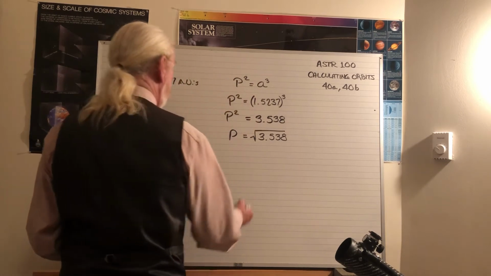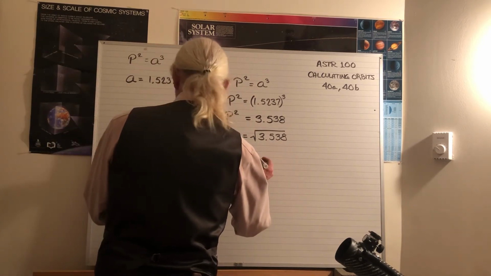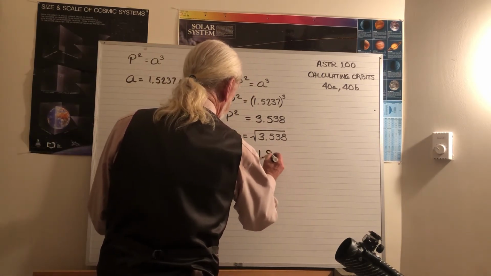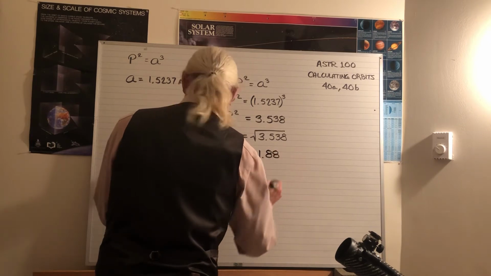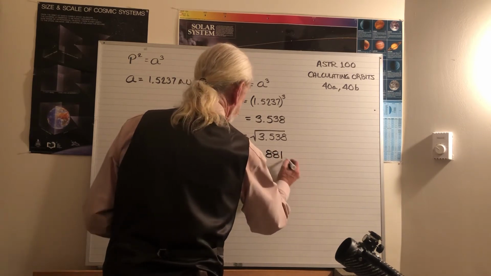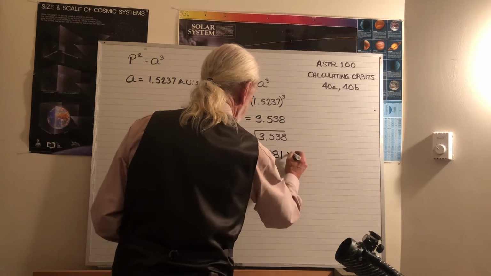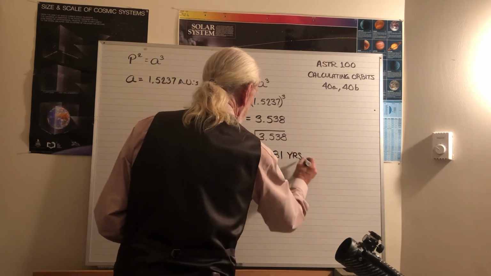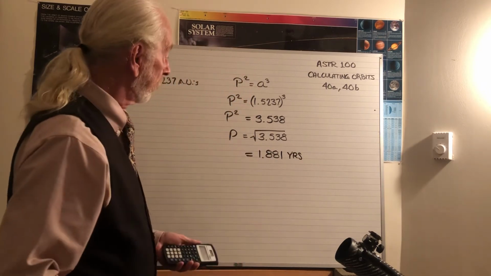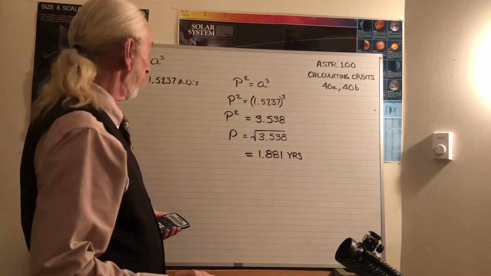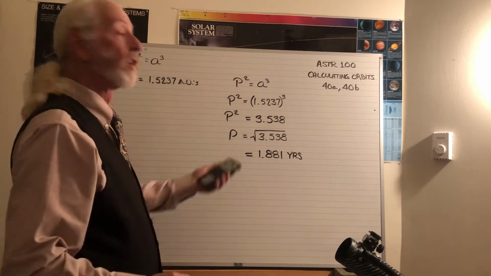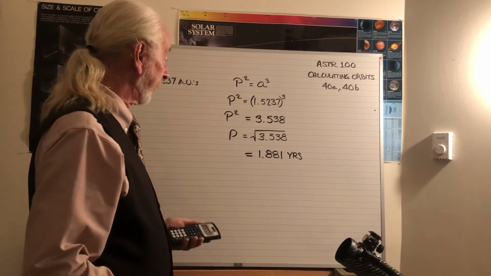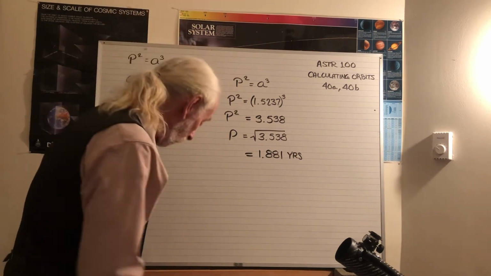And I get 1.881 years. And yes, that is the period of one Martian orbit. That's one Martian year, 1.881 Earth years. All right.